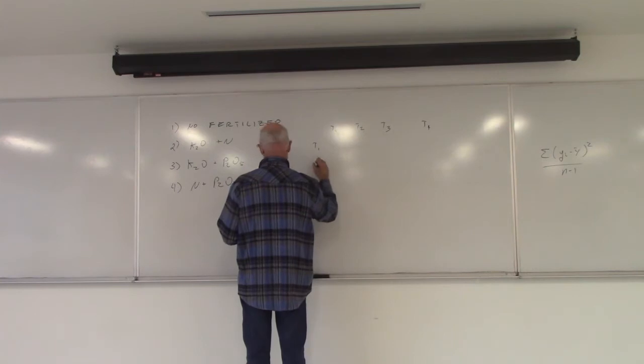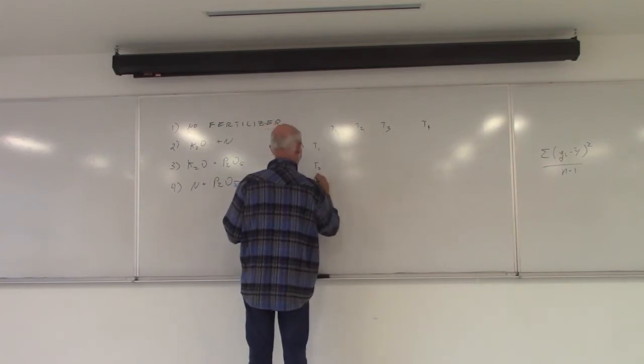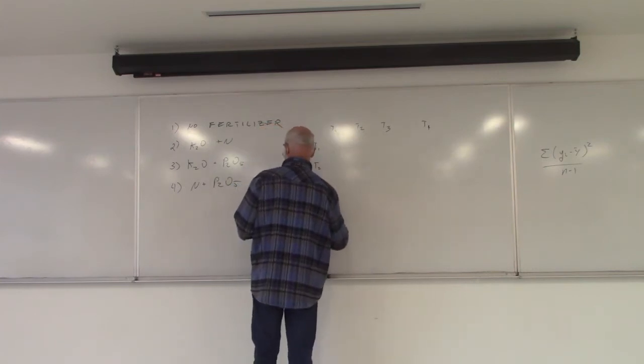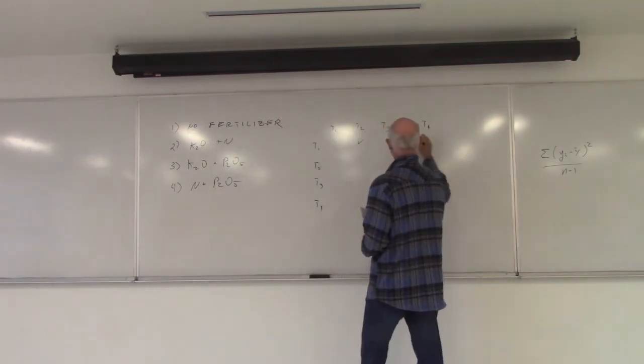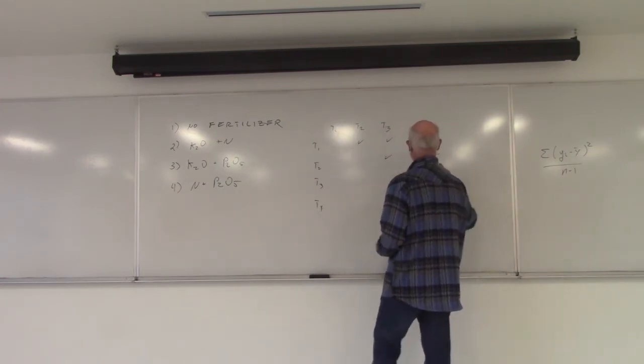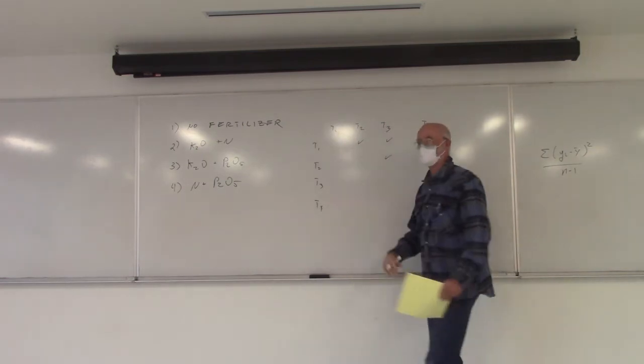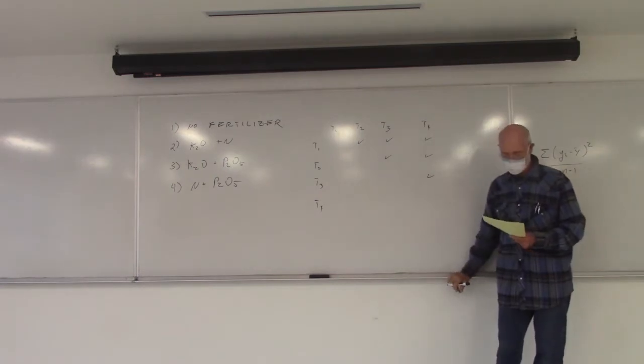And we don't need to compare treatment 1 with itself. But what you see is we need to compare treatment 1 with 2, 1 with 3, 1 with 4, 2 with 3, 2 with 4, and 3 with 4. So we've got 6 possible pairwise comparisons.